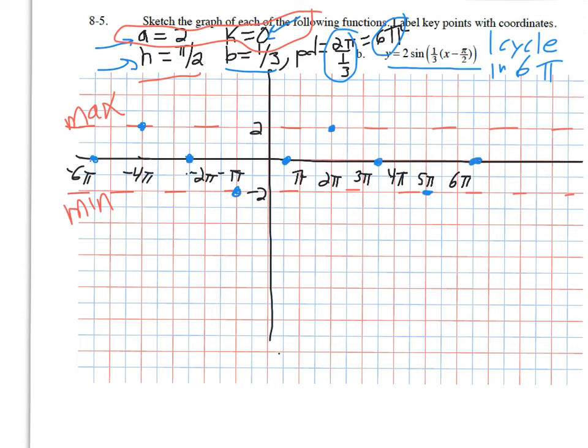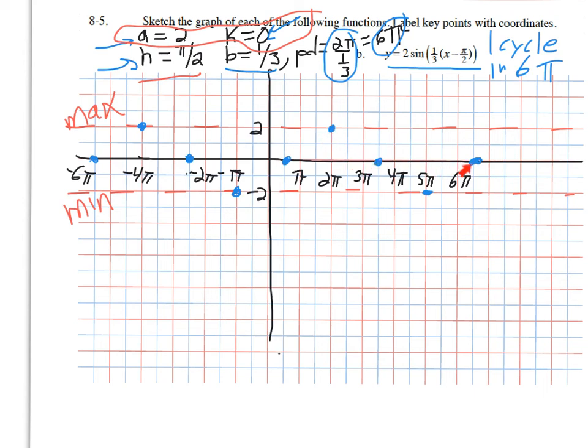Well, if my cycle is 6 pi, then half of a cycle would take 3 pi. So I'm going to go from here, count over 3 pi: pi/2, 1 pi, 2 pi, 3 pi, and put a dot there. And somewhere in between these 2 x-intercepts, I need to have that first maximum.